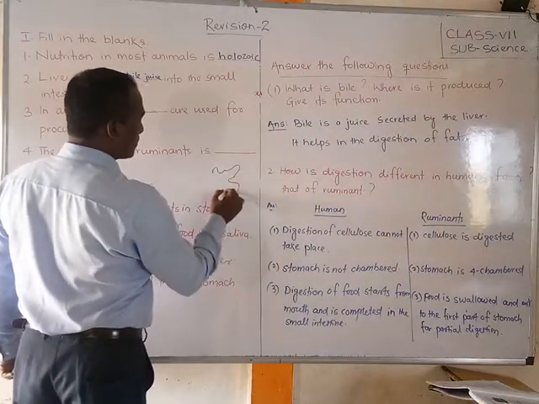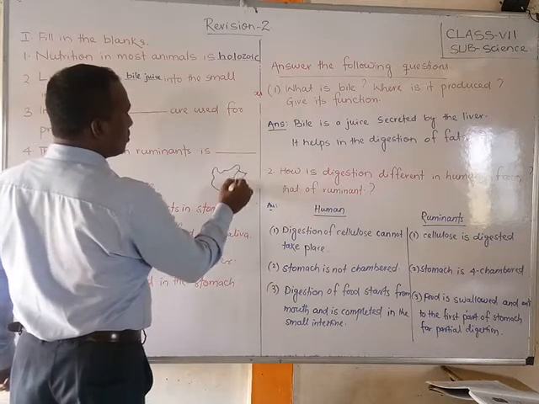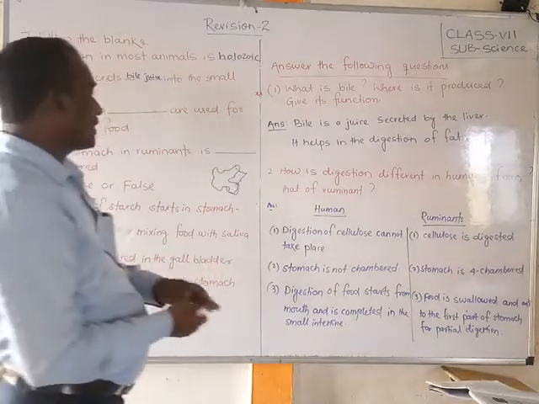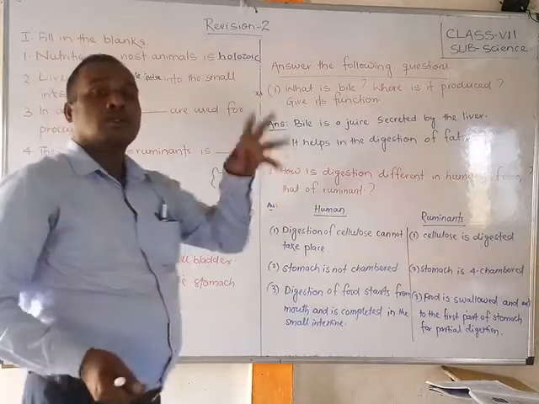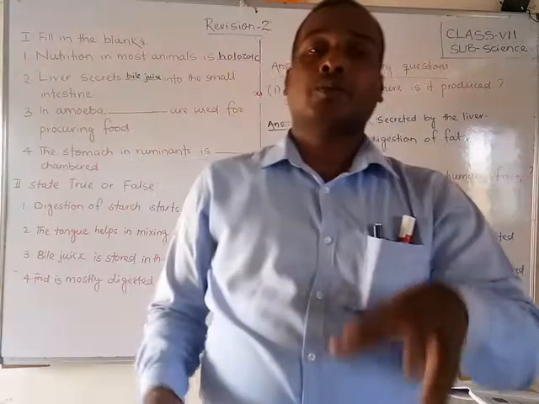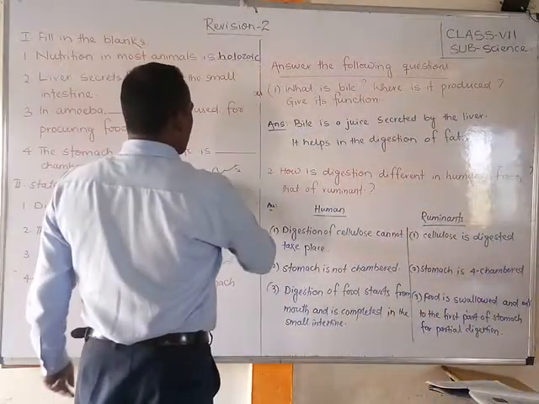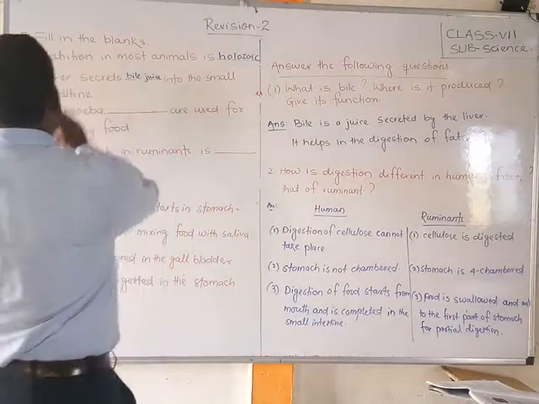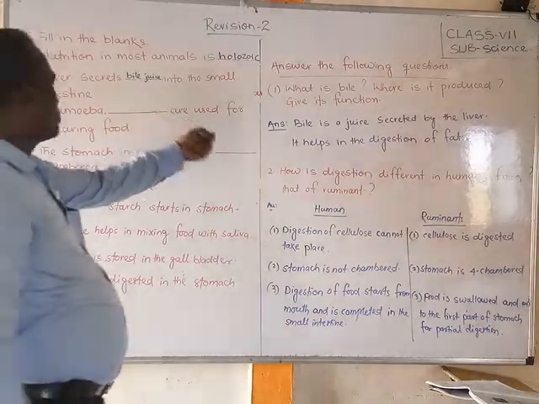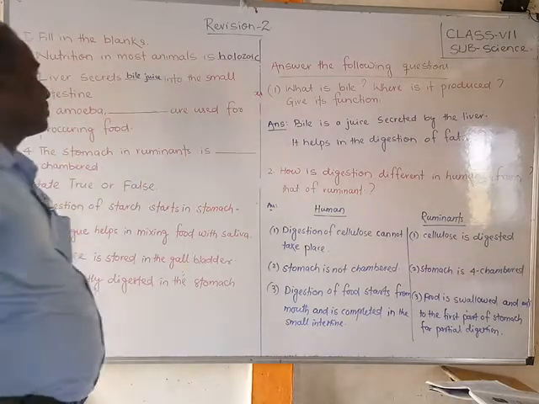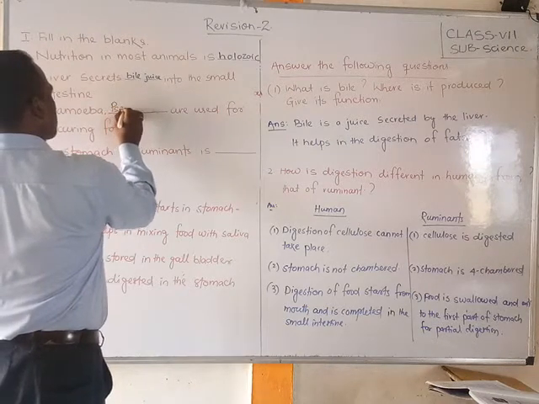These finger-like structures on both sides are called pseudopodia, and they help in capturing or procuring food items. So we can write pseudopodia.